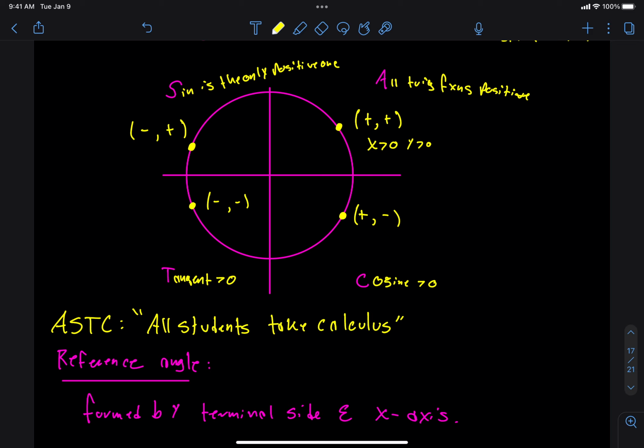So we have 59 pi over 6. What am I going to do? I'm going to subtract 2 pi, which would be 12 pi over 6. Well, what would I get if I did that? I would get 47 pi over 6. Is this between 0 and 2 pi?